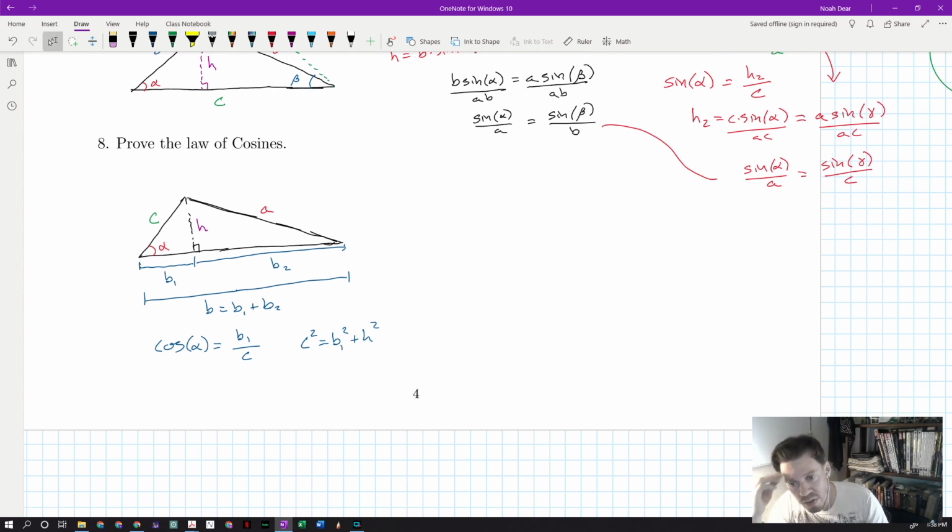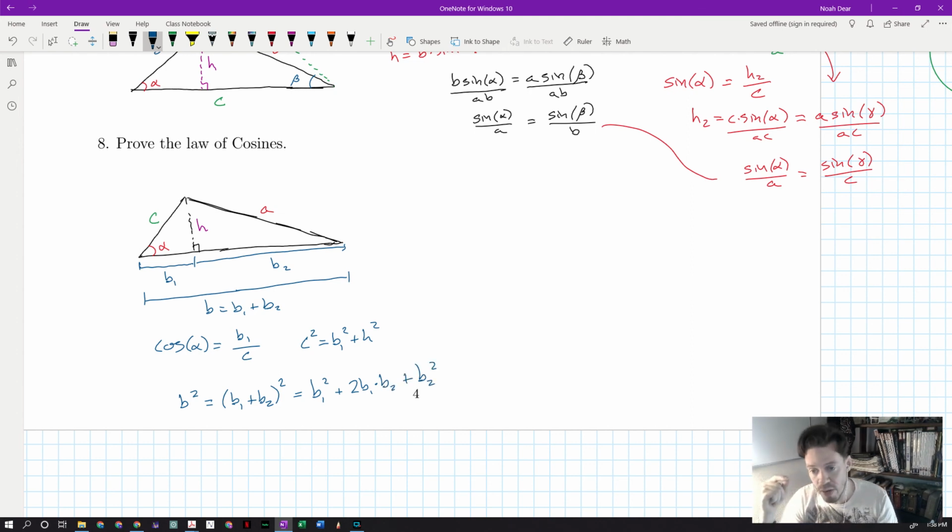And I also know that B squared equals B1 plus B2 squared. This has to get FOILed, so we'll get B1 squared plus 2 B1 times B2 plus B2 squared when that gets FOILed out all the way.